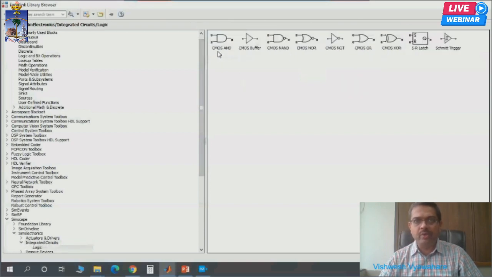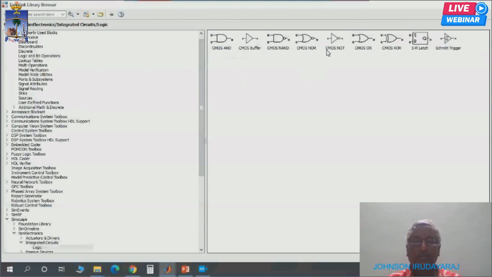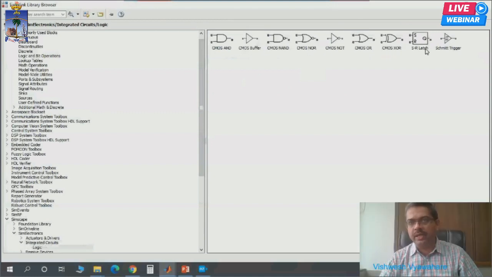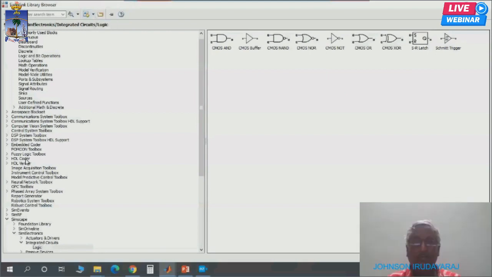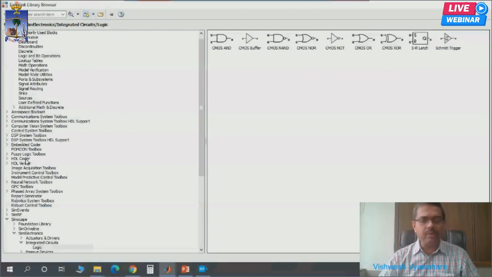If you go into logic, you have NAND gate, NOR gate, CMOS NOT gate, XOR gate, SR flip-flop, Schmitt trigger, and everything is available. So it's very easy. Now you can do a simulation for this, and this can also be converted into real time.